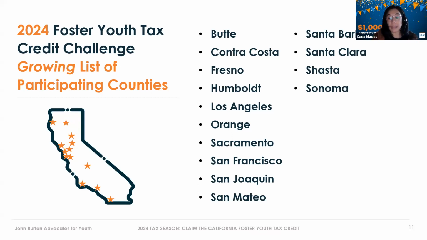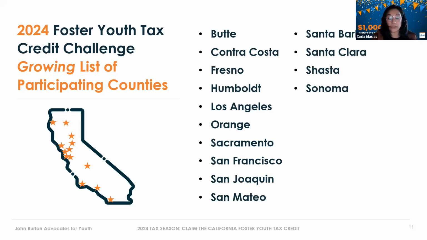So with JBAY, the county and our contractor for our youth center and our independent living program, the Bill Wilson Center, we all worked closely with United Way Bay Area and the IRS local representative to set up the Hub Youth Center into a VITA site for the 2021 tax season.